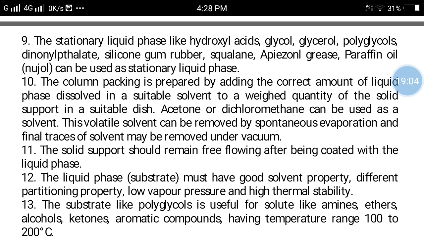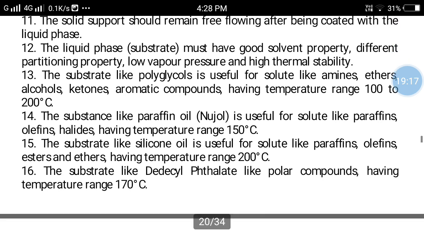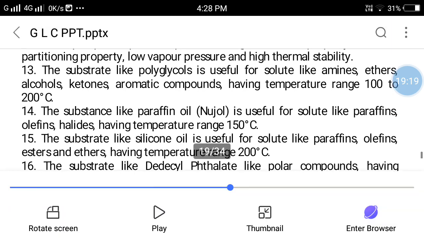A substrate like glycols is used for solutes like amines, ethers, alcohols, ketones, and aromatic compounds, having the temperature range 100 to 200 degrees centigrade. A substance like paraffin, that is Nujol oil, is used for solutes like paraffin, olefin, and halides, having a temperature range of 150 degrees centigrade.